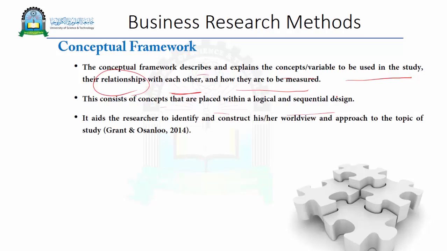So how can we judge or how can we tell that the IV is in this position and will have or may have an effect on the DV? This is very important to be understood, and the conceptual framework can serve that purpose.